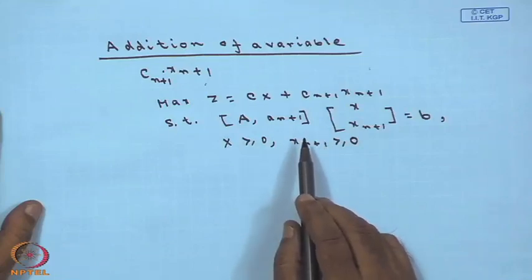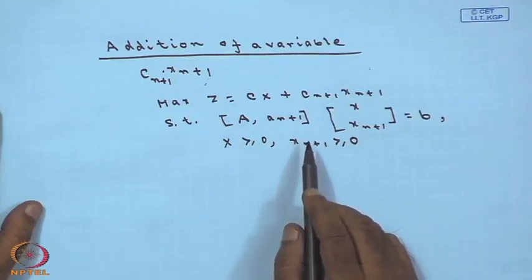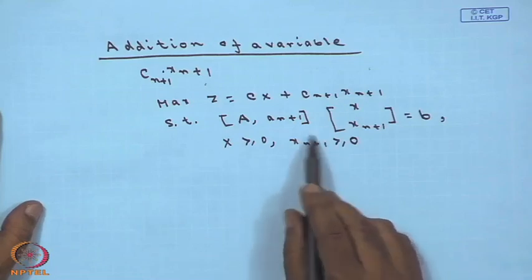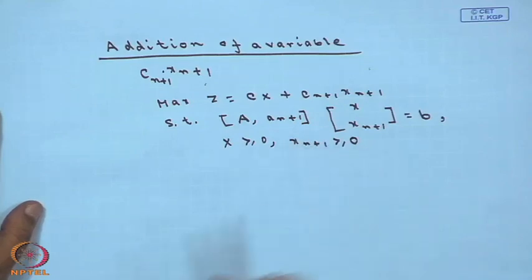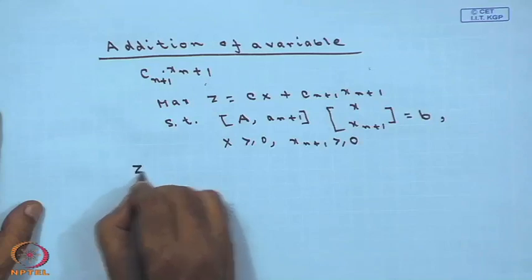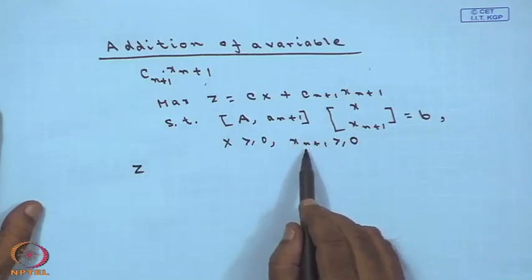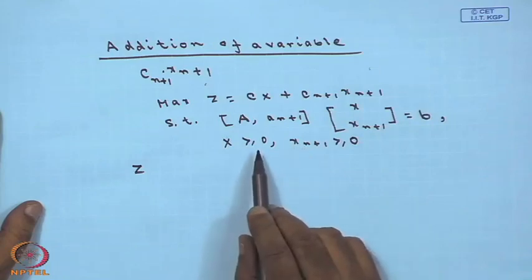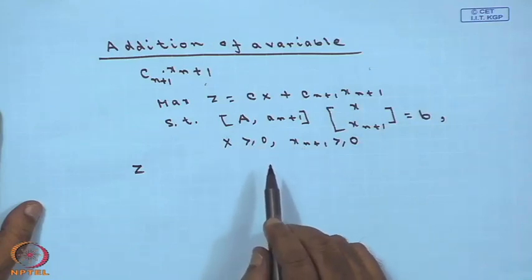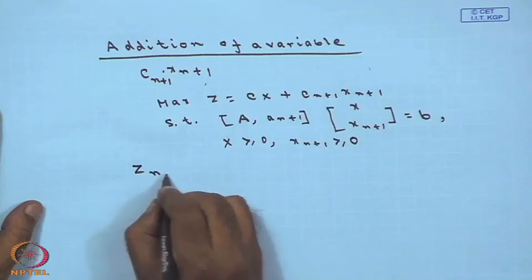Therefore, the feasibility condition will remain the same. Let us see the optimality now. Please note, feasibility will remain the same because x n plus 1 is not in the basis, so the original solution will always be feasible.